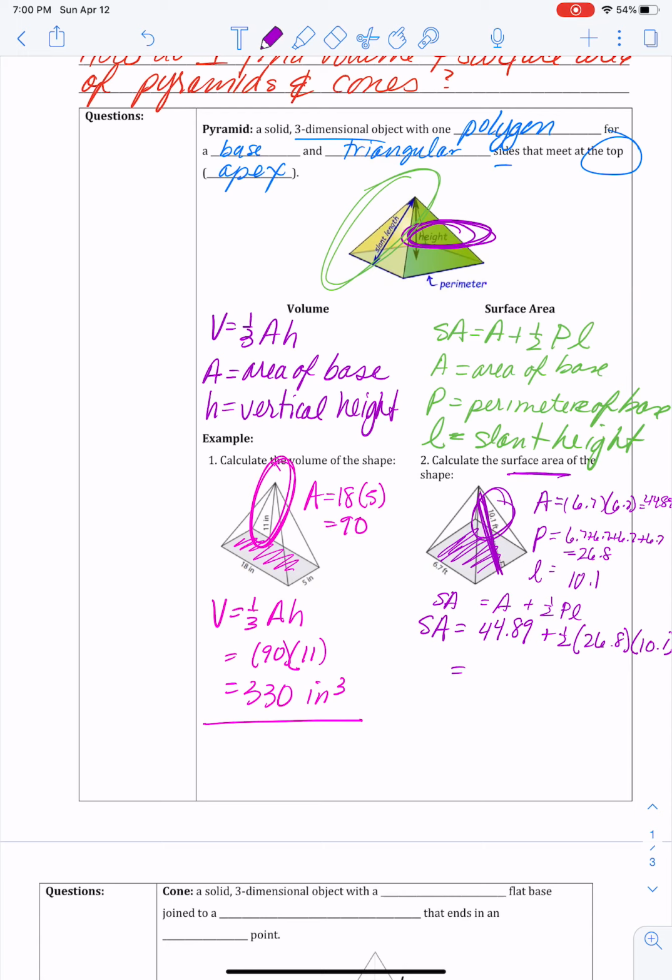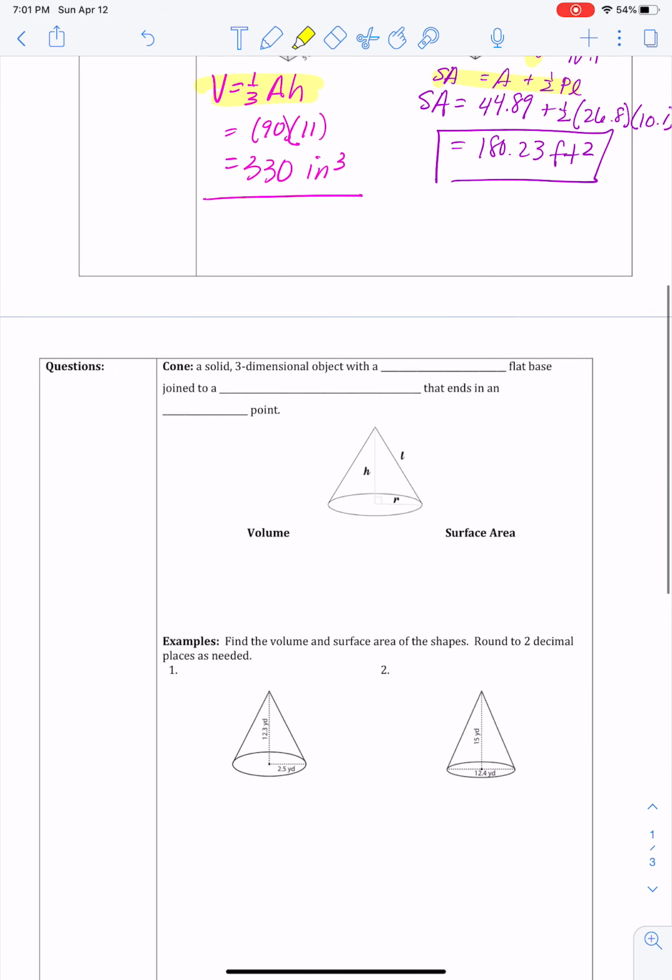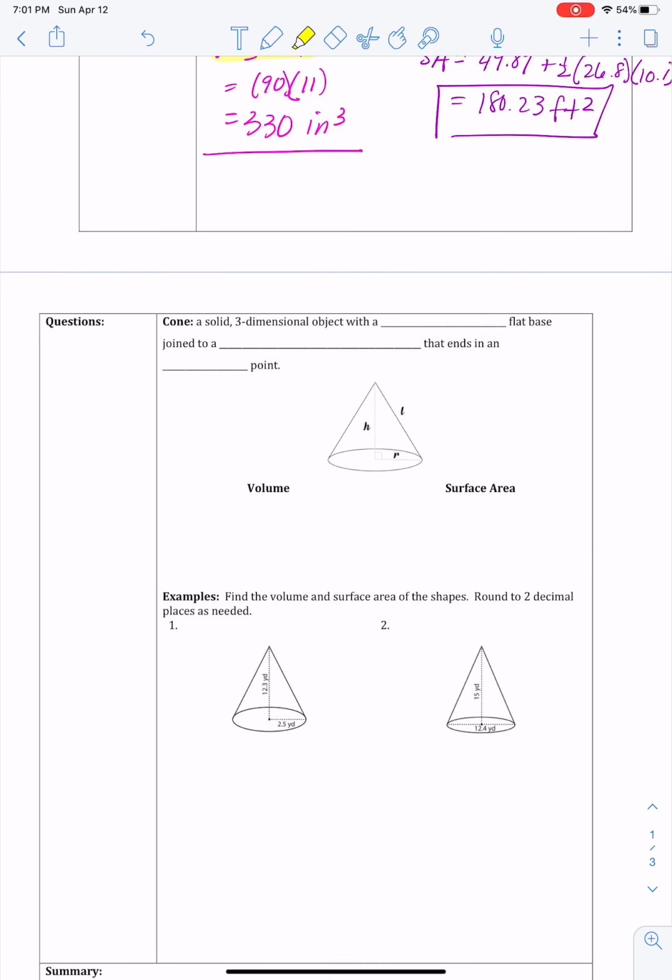And that gives us a grand total of 180.23 feet squared. So it's just about plugging everything into the formula and being able to identify the variables that go into your formula.